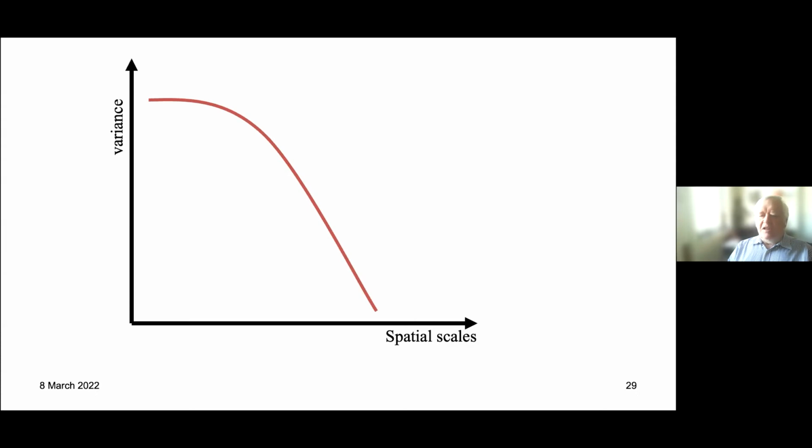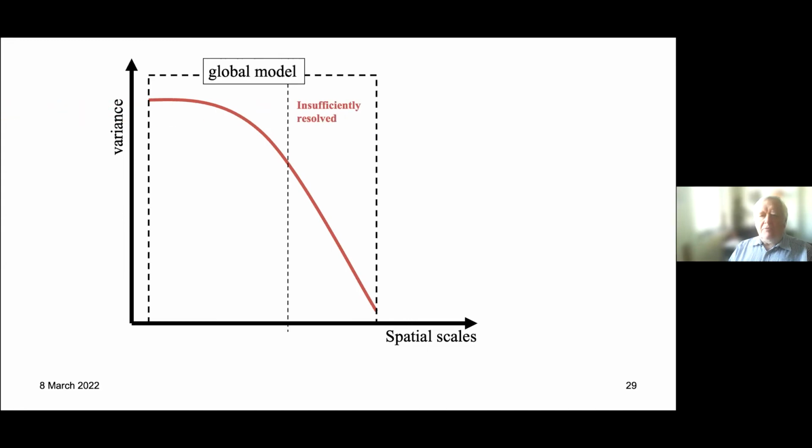Now, how is it in general if we look at the output of a dynamical model? Then we have spatial scales for a certain range, and we have large variance usually for the large scales that are on the left-hand side. And for small scales, you have less variance. And so if we consider what is well resolved, then there's a certain critical line here.